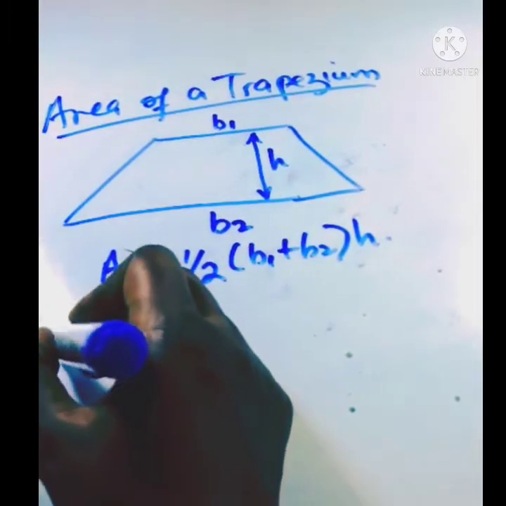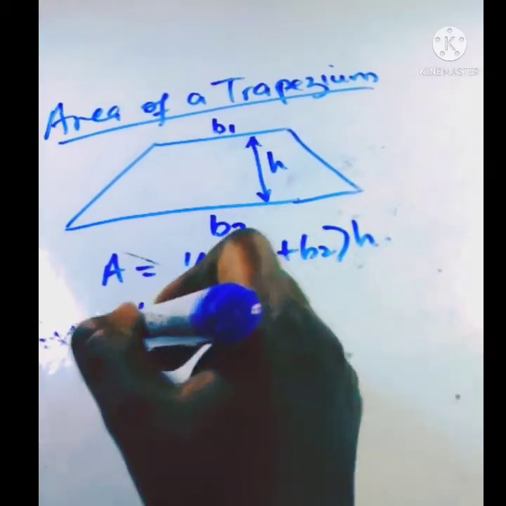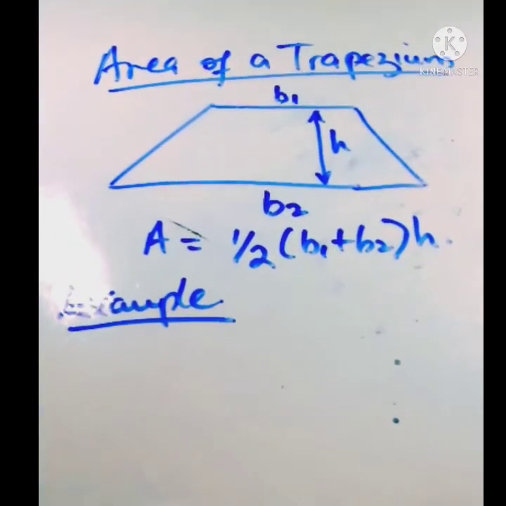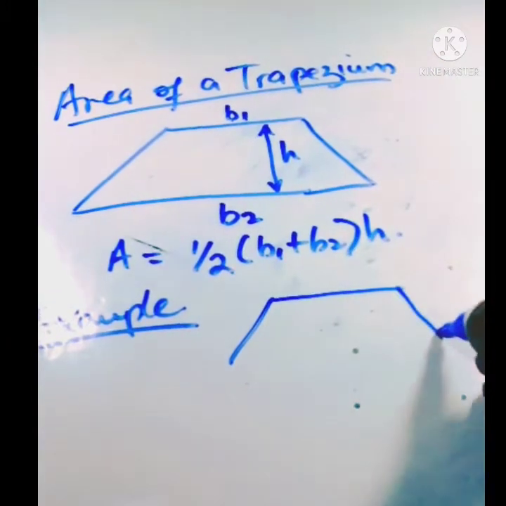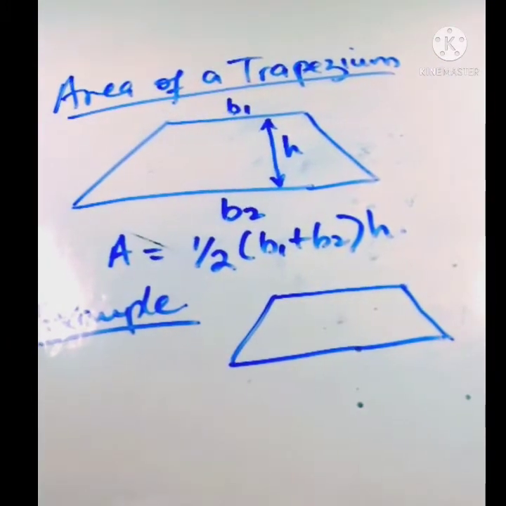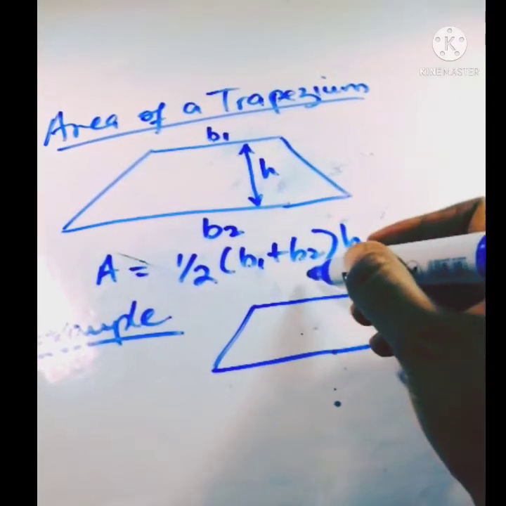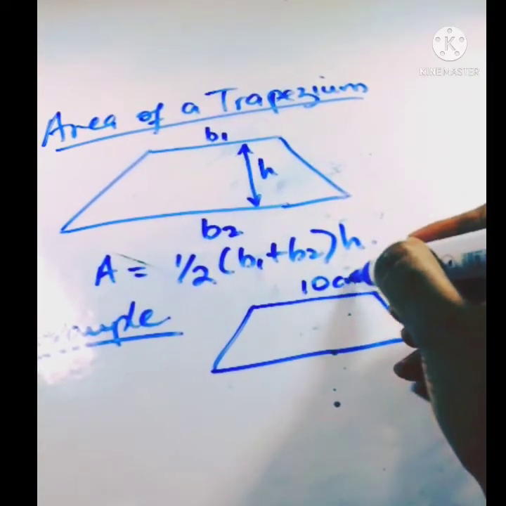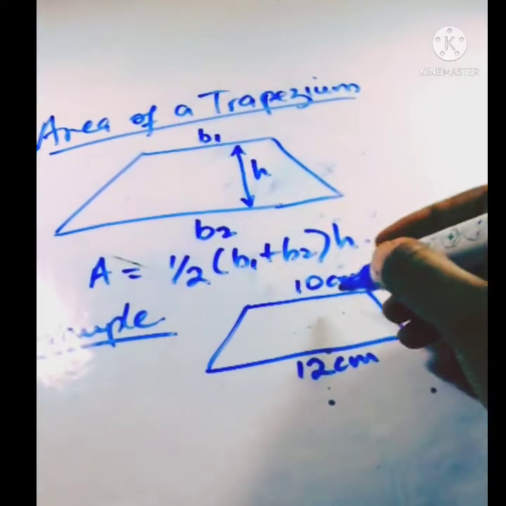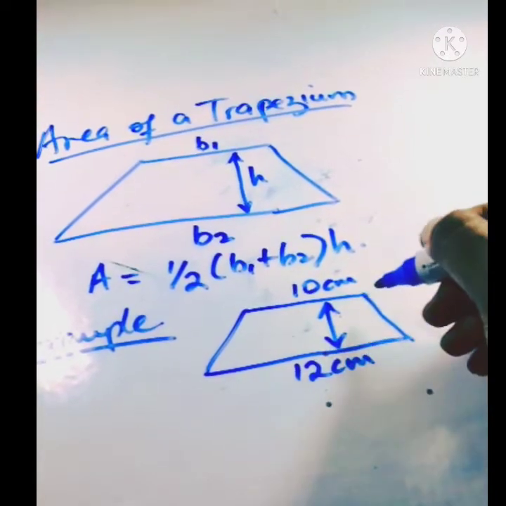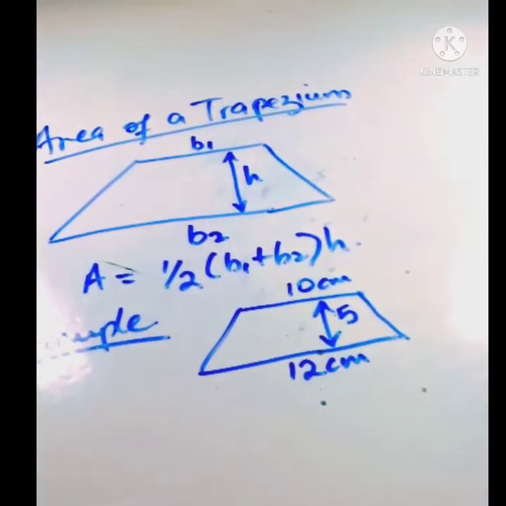So let's have an example. Let's find the area of a trapezium with this dimension. The upper breadth is 10 centimeter. The lower breadth is 12 centimeter. The height is 5 centimeter.